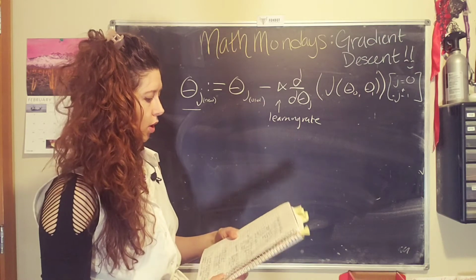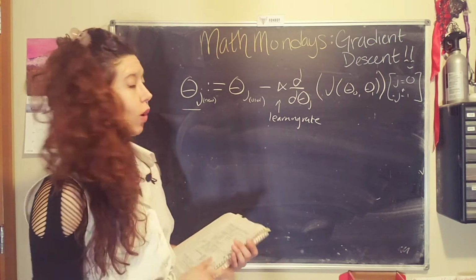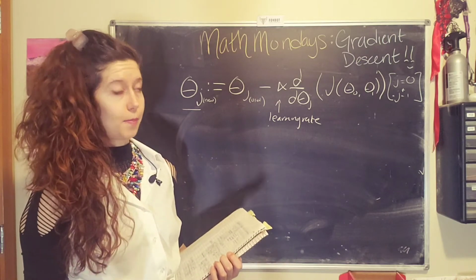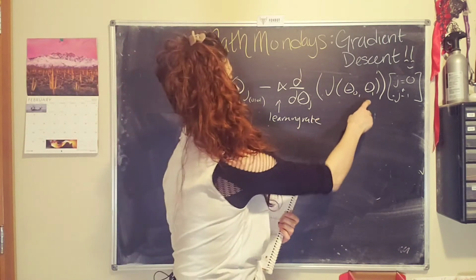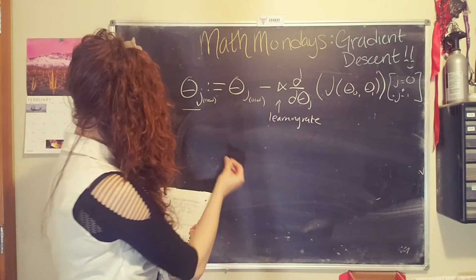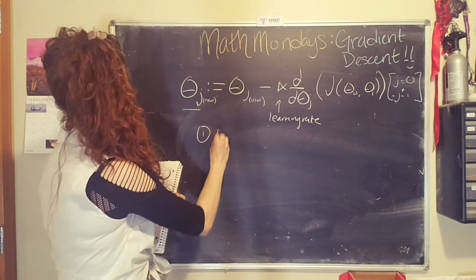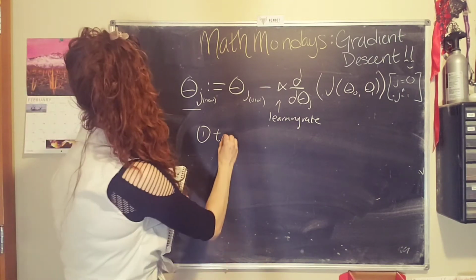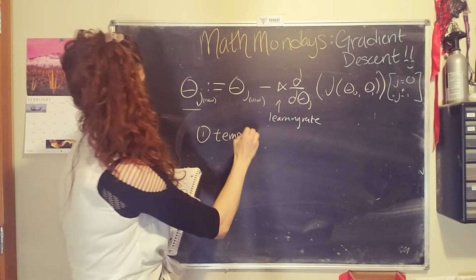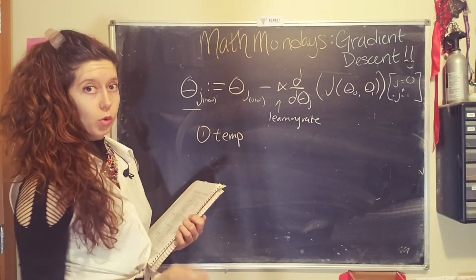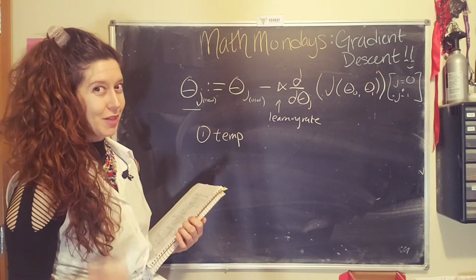Okay, so what we want to do is simultaneously update each of the parameters. The correct way to implement this in pseudocode would be to write something like, we're going to have a temporary variable to hold the change between the new and the old, because we don't want to wipe out our variable when we need it.